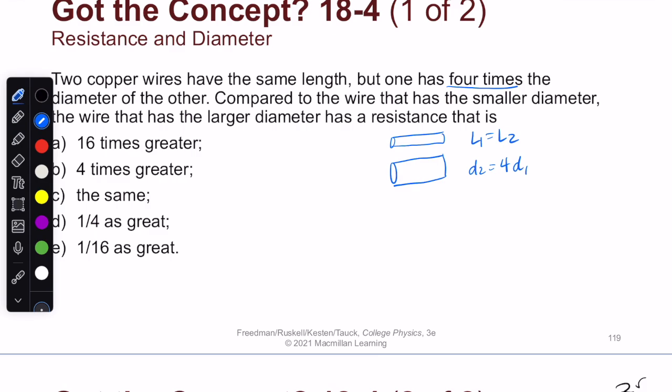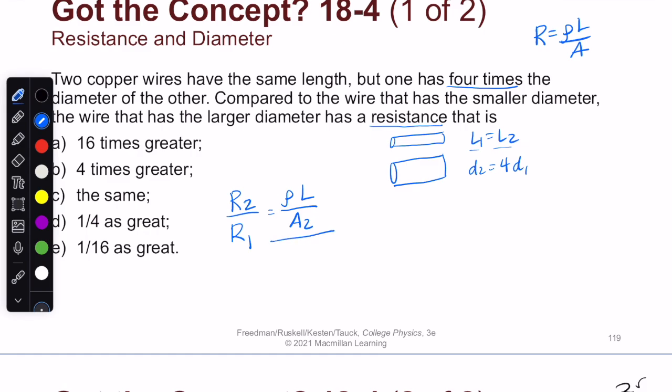So these are our constraints for the problem, and we're going to compare the resistance of the bigger to the smaller. So we're going to put the resistance of the larger one on top. Let's write down what the resistance equation is. It's rho L over A, right? So R2 is going to be rho L, no subscript for L since they're equal, over A2, in the numerator.